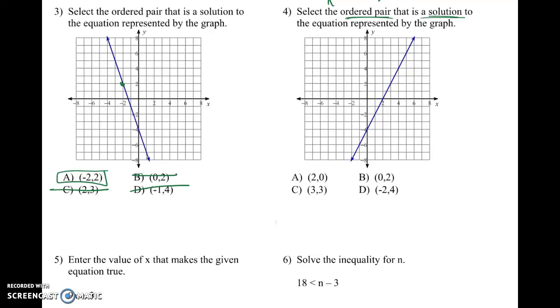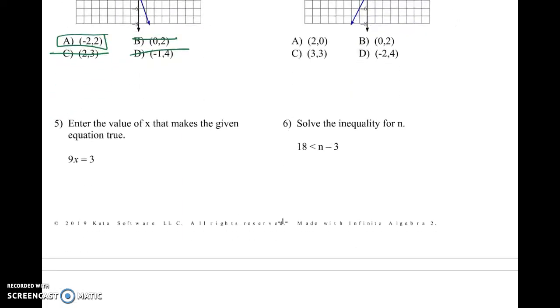Number 5 and 6, let's scroll down. Number 5 says, enter the value of x that makes the given equation true. In other words, solve this. So when I'm solving, what value is x in order for 9x equals 3? I would get x equals 3 over 9, which is equivalent to 1 over 3.